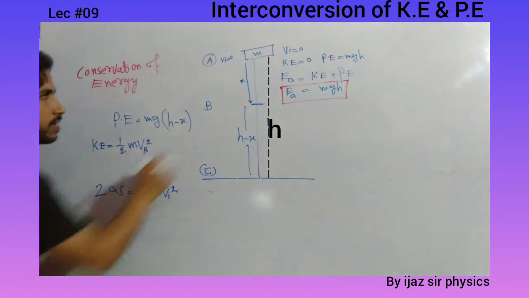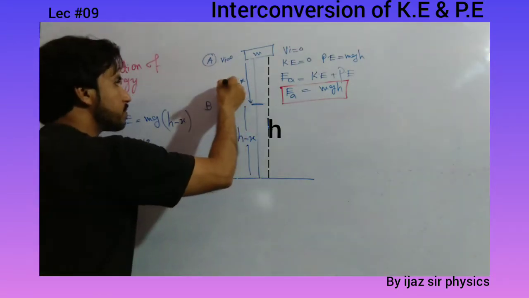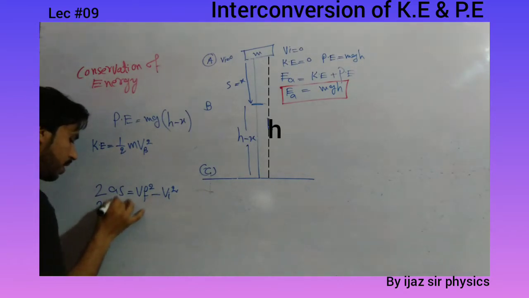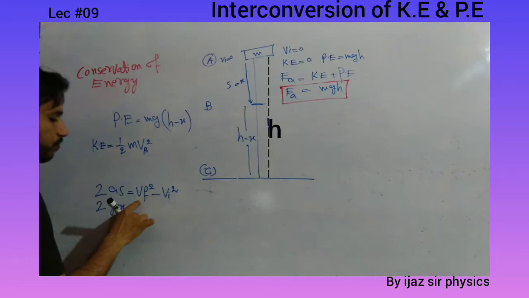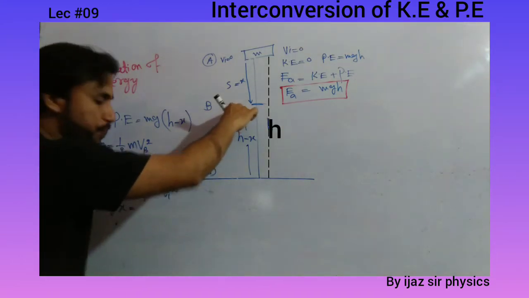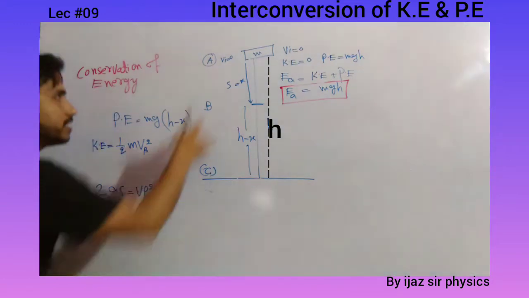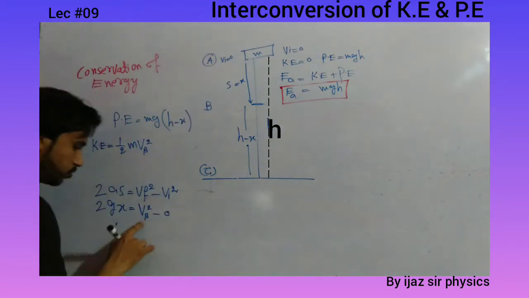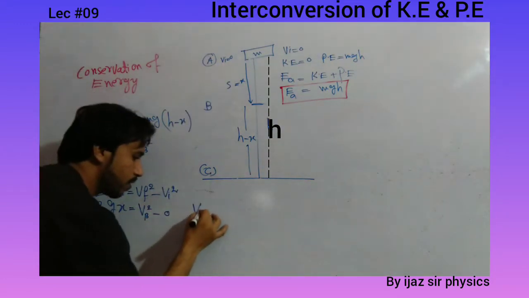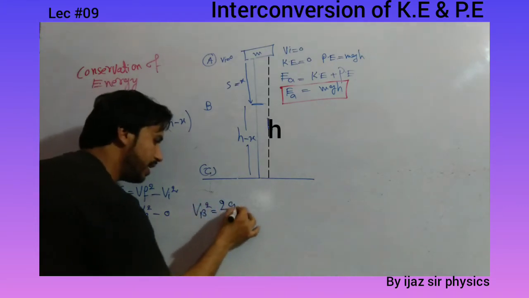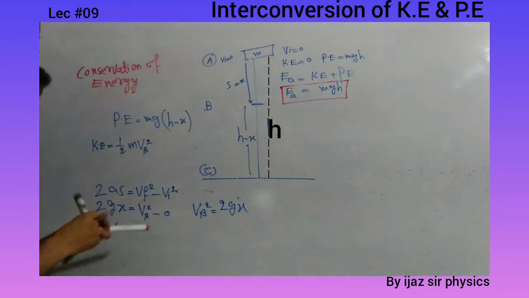What is s? S is equal to x. So 2gx is equal to vf, the final velocity at position B, that is vB square, minus the initial velocity square, which is 0. So vB square is equal to 2gx.